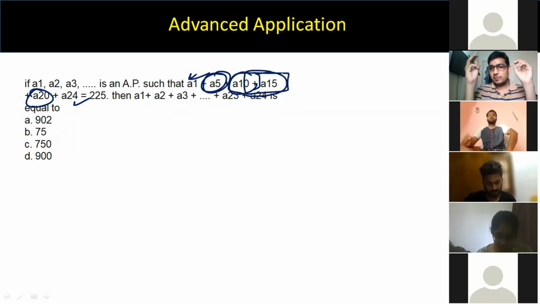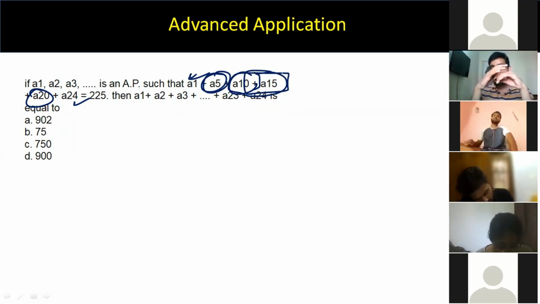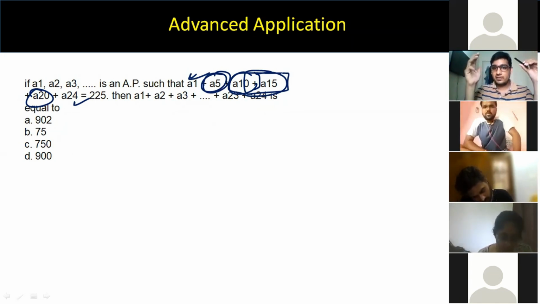So these are basically 3 pairs which are equal. Let's say A1 plus A24 is equal to X. So 3X is equal to 225, because we have 3 pairs here, which means X is equal to 75.